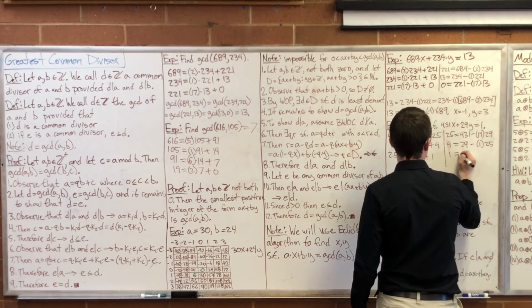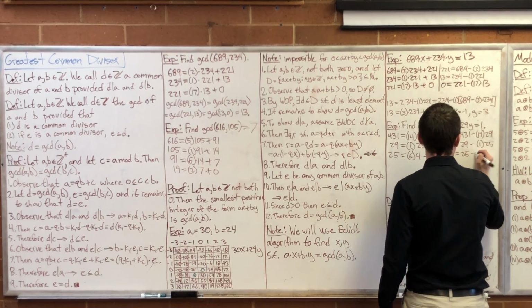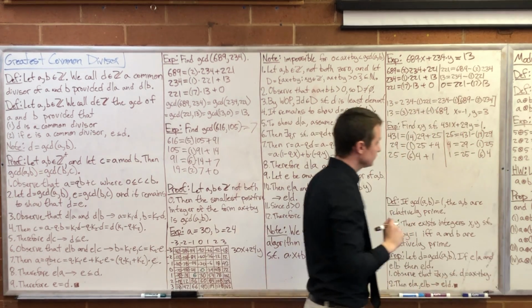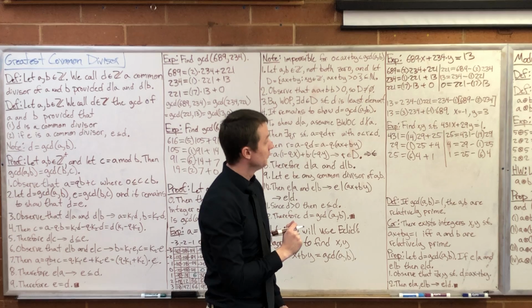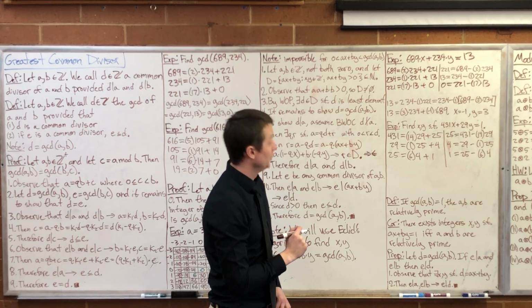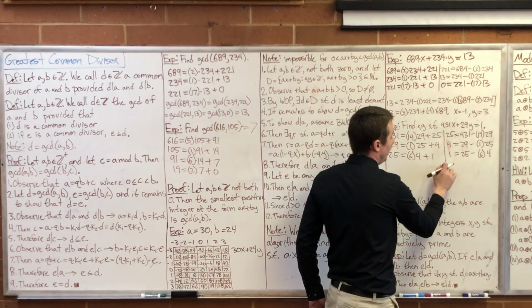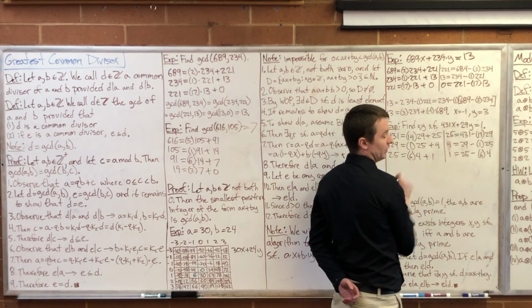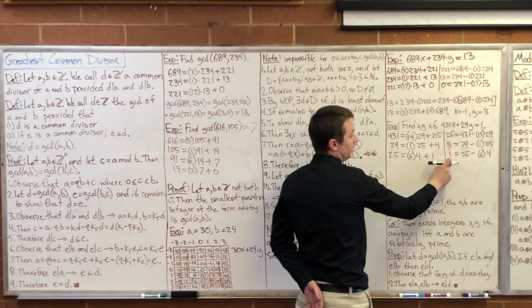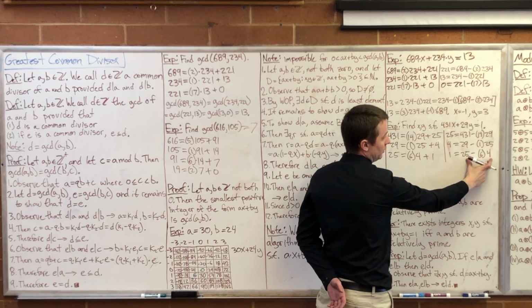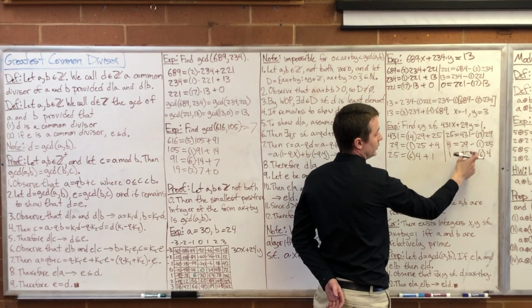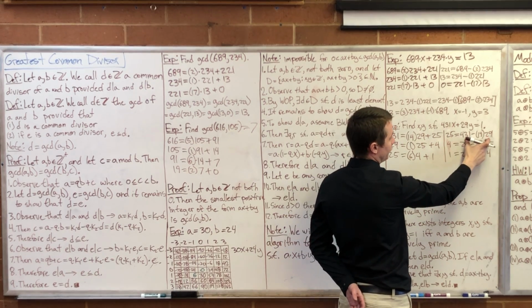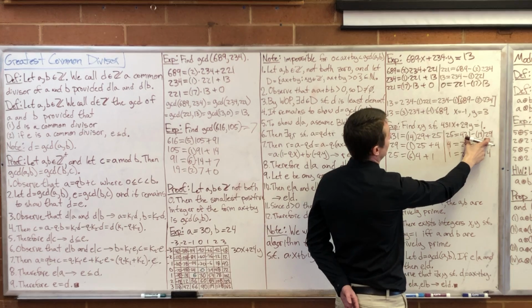And then 1 is equal to 25 minus 6 4s. Right? So now we want to express 1 in terms of 431 and 29. We have 1 in terms of 25 and 4. We'll substitute the 4 to express it in terms of 29 and 25, and we'll substitute for the 25 to express it in terms of 29 and 431, and then we're done.